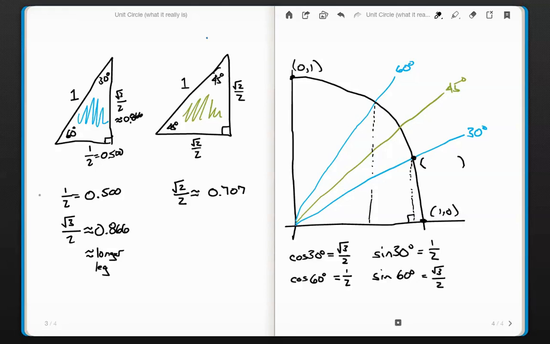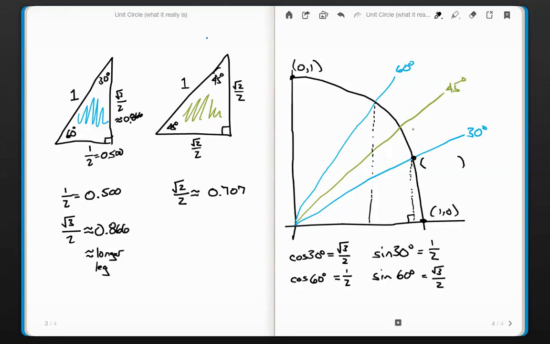Now, you do have to remember these three numbers, 1/2, √3/2, and √2/2. But for the 30, 60, 90 triangle, you know that it's got to be either √3/2 or 1/2, 0.866 or 0.5. You just have to figure out whether the short side is the x or the y, and you can figure that out every time. You don't have to memorize all these different points around the unit circle.